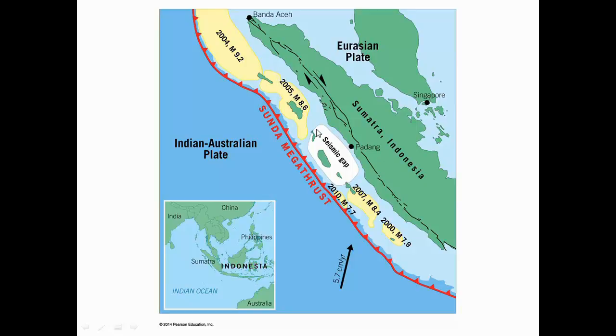But notice there's a seismic gap within this white area. This area has not experienced an earthquake over the last few decades. So the prediction is that if there is going to be another, or probably when another major earthquake occurs along the Sunda megathrust, the probability is highest that that earthquake will occur within that seismic gap.